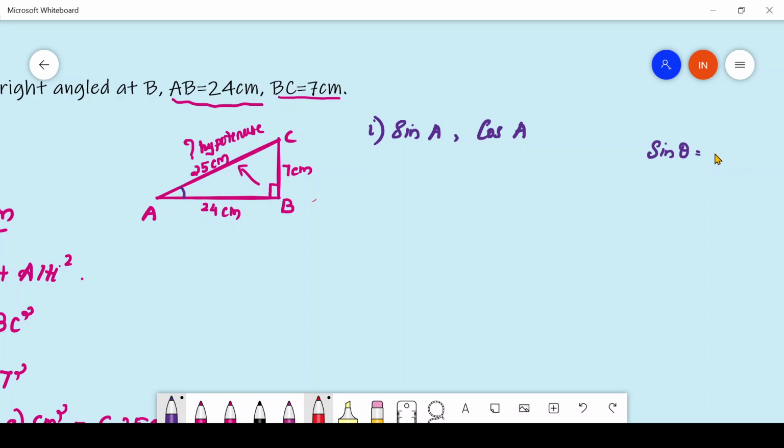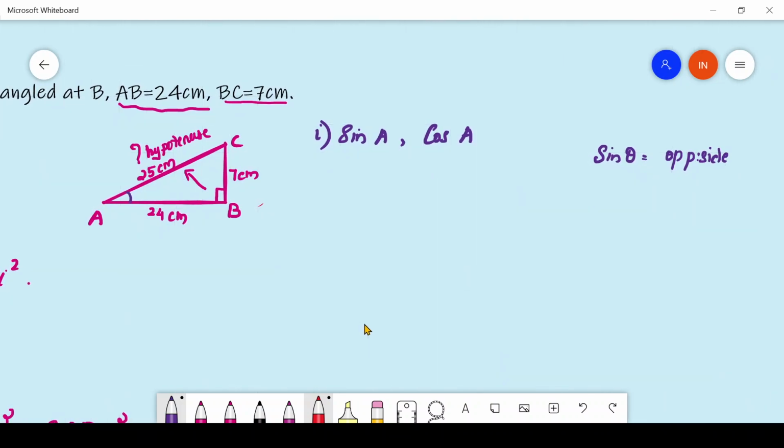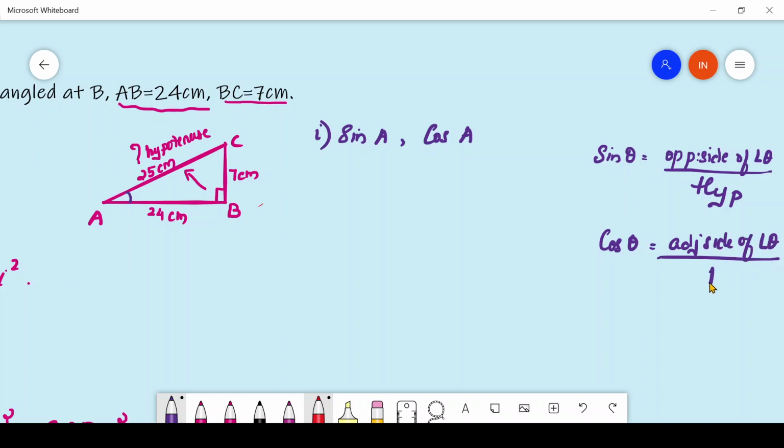Let it be an angle theta. And how can we find out? Yes, opposite side of angle theta divided by hypotenuse, right? Very good. And what is cos of an angle theta? That is adjacent side of angle theta divided by hypotenuse.